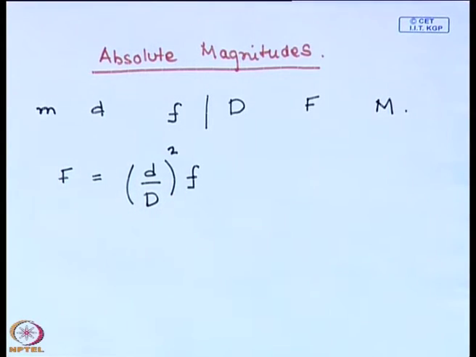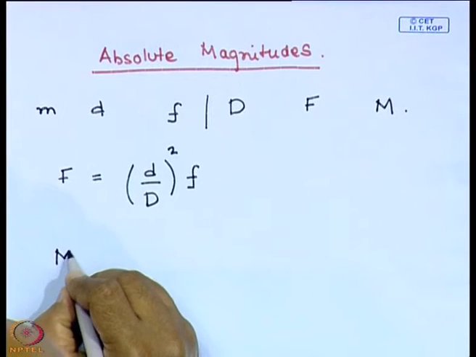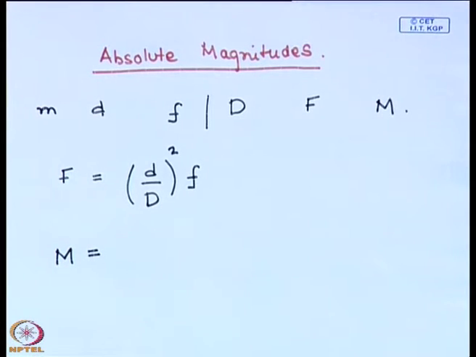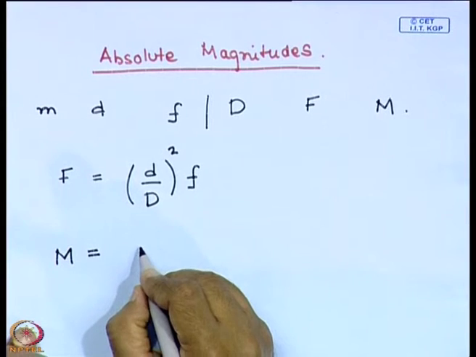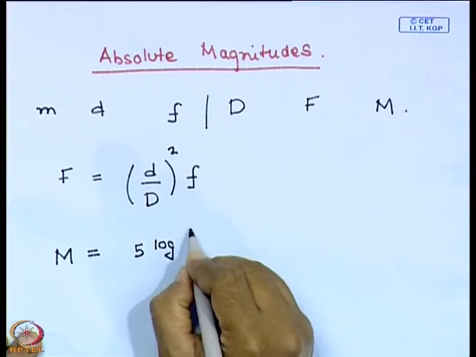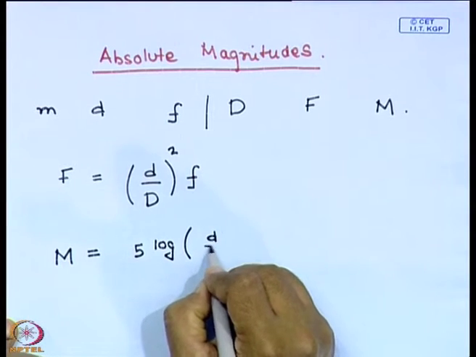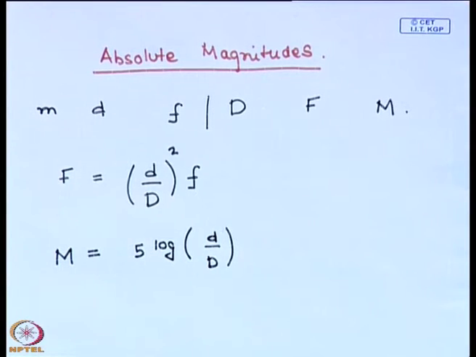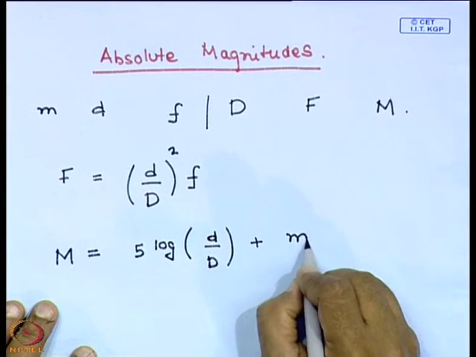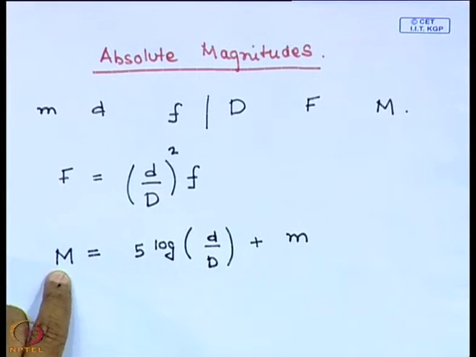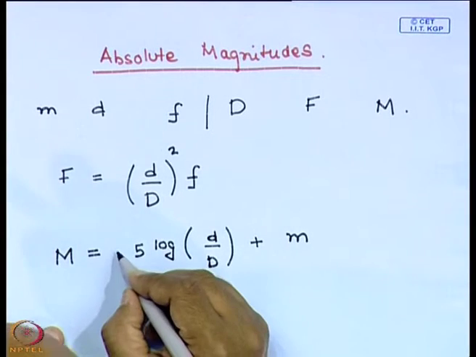So, what we have is m is equal to, 2.5 will become 5, log of this, and there should be a minus here.